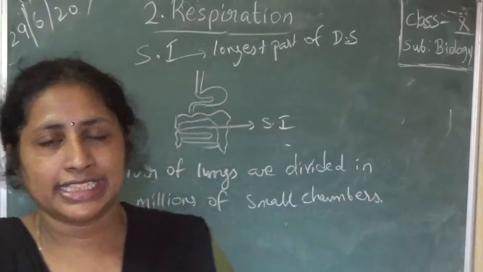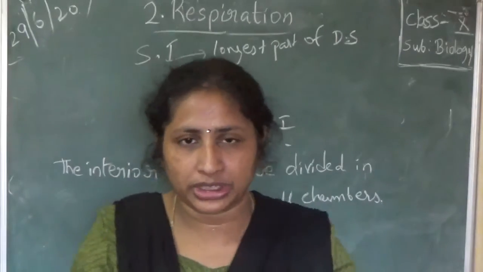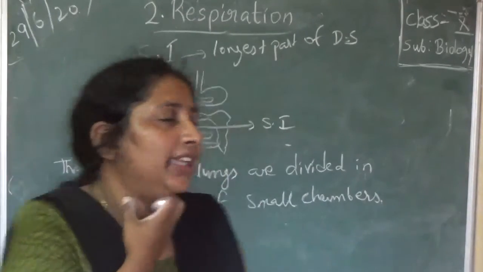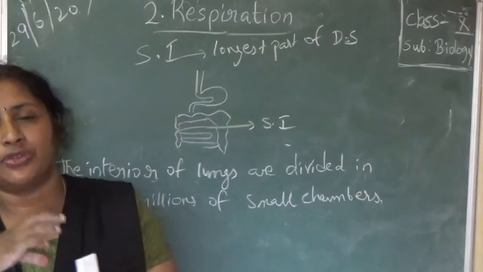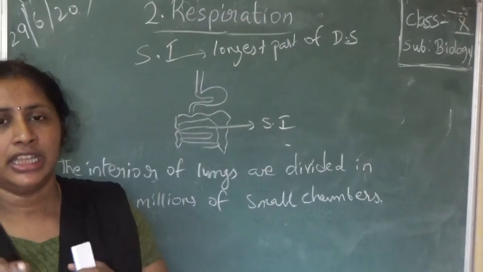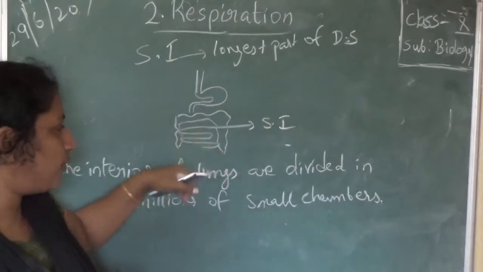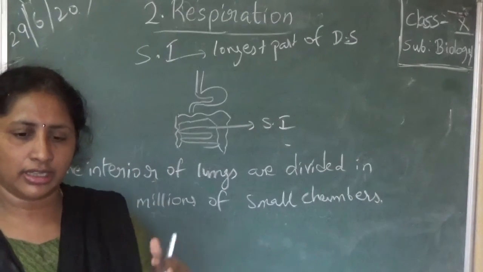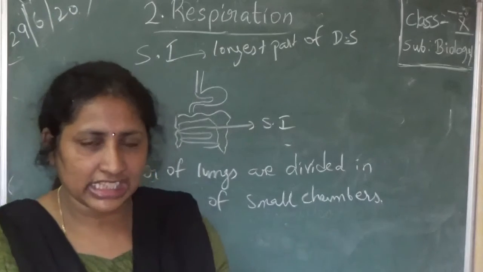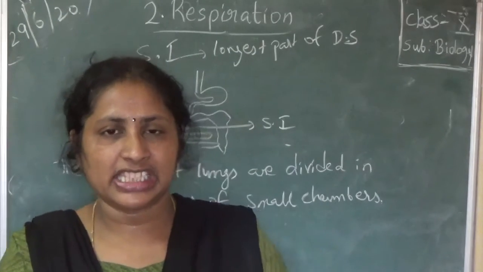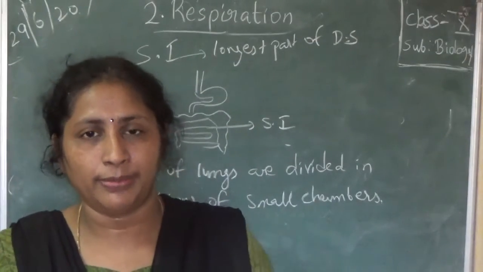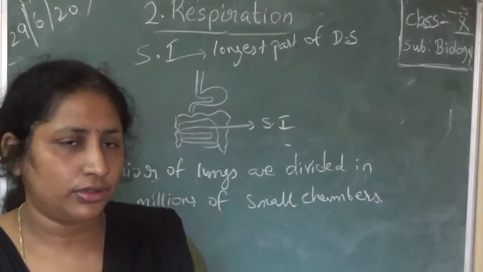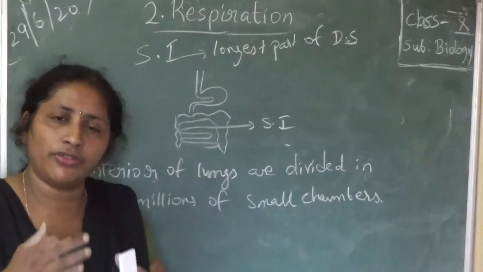To lessen the space and to keep more things in that. Like that, the small intestine is folded into so many folds for absorption, because there is less space, but absorption should be more. That is done because of folding.